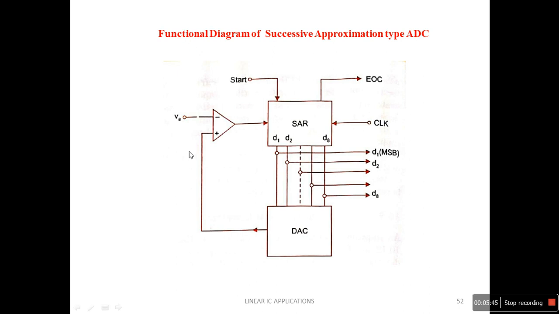As already told, initially D1 is 1. Whenever you switch on the system and press start, this SAR sets the MSB to 1 and the remaining all zeros, 1 0 0 0 0 0 0 0. And the output of the DAC is now compared with the analog input voltage. If the analog input voltage is greater than the output of the DAC, then what is the function of the SAR?